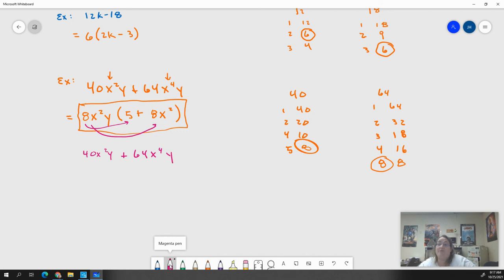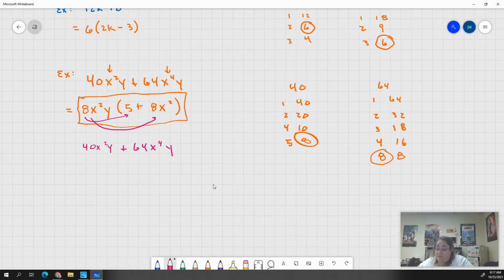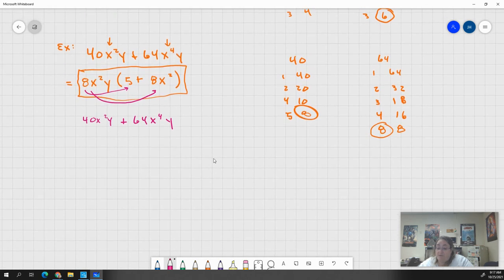So if I multiply it through, I should get the same thing back. So you can always check your answers. Am I going to require you to check your answers? No. But you can. If you're worried about whether you got it right, you can always check your solutions. Let's do another one of these.